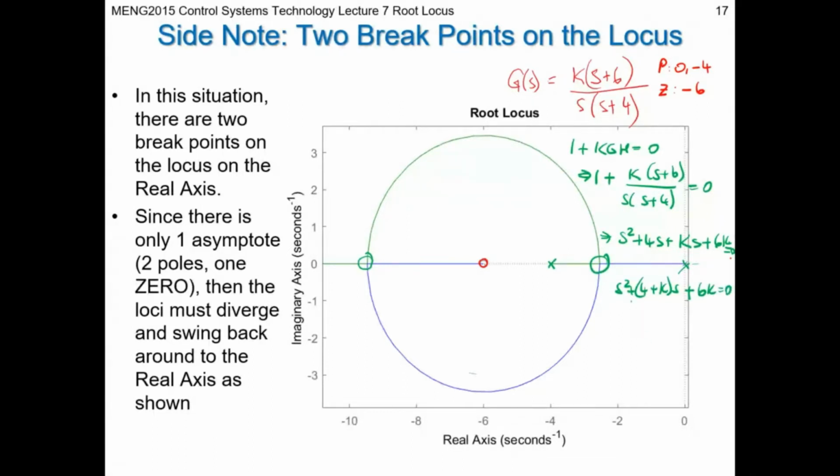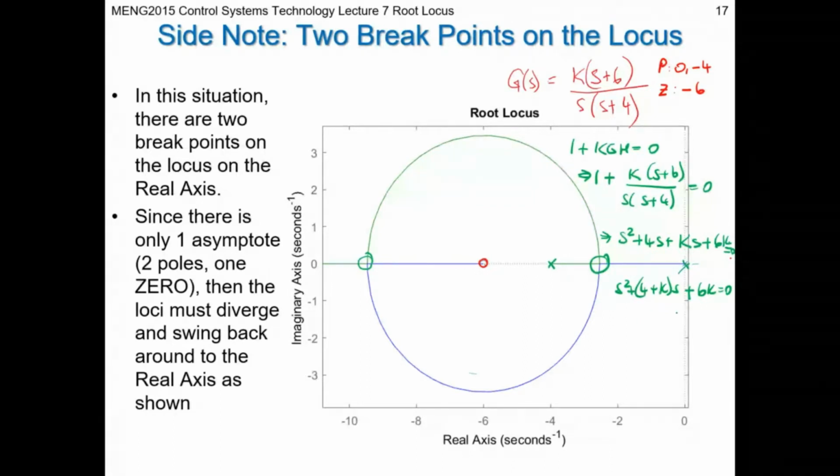Right, so now we can't just differentiate and set dk by ds equals 0 because we've got an implicit K here. Right, so what we have to do, we'll come to this in a bit, we have to do a different approach, probably combine the K's and set K equals something and then do it that way, or we could do implicit differentiation, which is a bit more tricky.